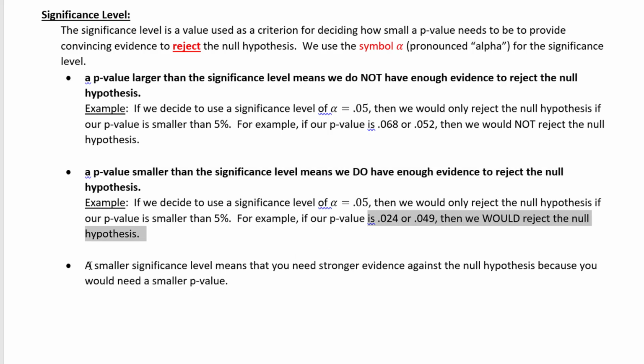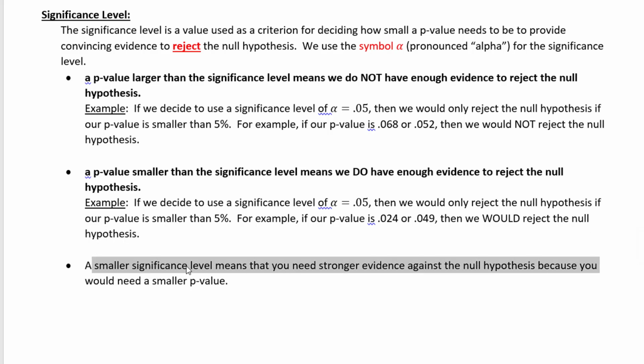A smaller significance level means that you need stronger evidence against the null. So a smaller significance level would mean that you need a smaller p-value to reject the null. A smaller significance level means you need a statistic further out in the tail for you to conclude that you have strong evidence in support of the alternative.